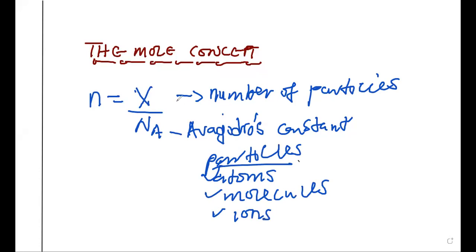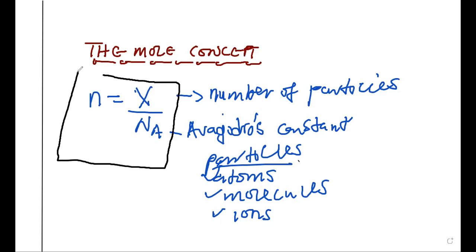So these particles can be the atoms, molecules, or ions. You shall see how the questions are phrased. So just make sure that this formula, you understand it and you remember it always. Number of moles is equal to the number of particles over the Avogadro's constant.